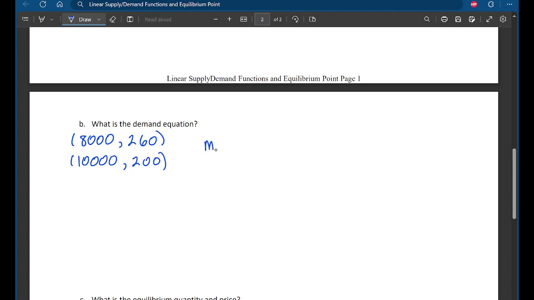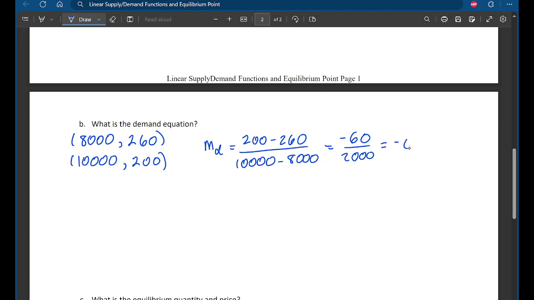So slope again for the demand is going to be 200 minus 260 over 10,000 minus 8,000. And that's going to give me negative 60 over 2,000, which is going to give me negative 0.03.